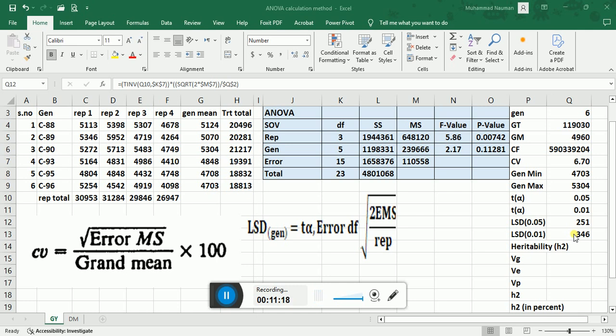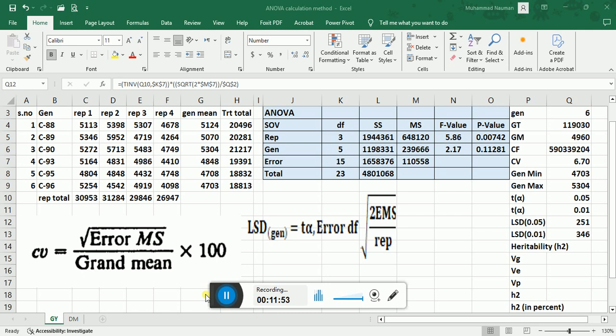If the difference between these two genotypes or any two genotypes is equal to or greater than LSD value, then those genotypes are significantly different for that trait. If the difference is less than LSD value, then the two genotypes are considered statistically similar for that trait under study.